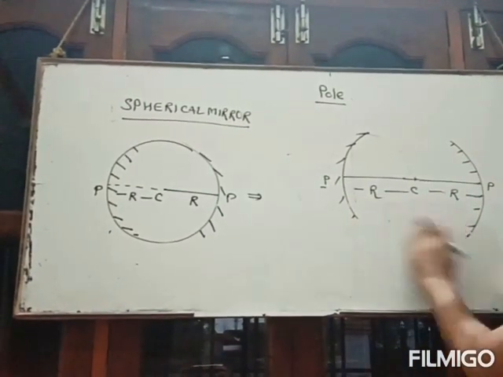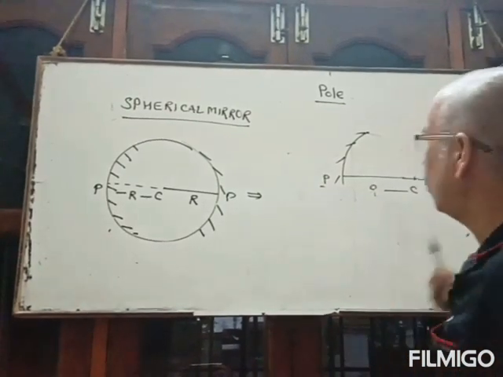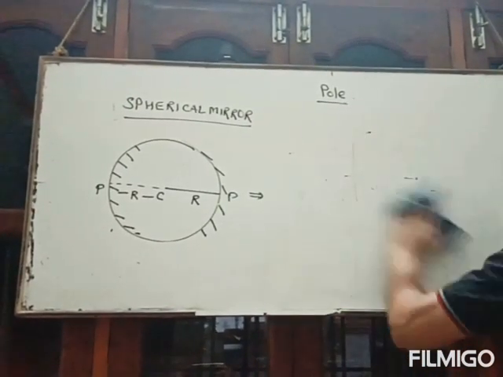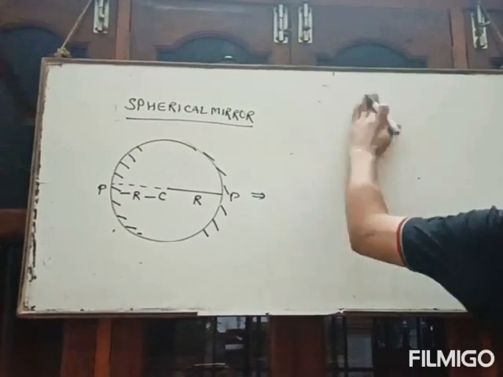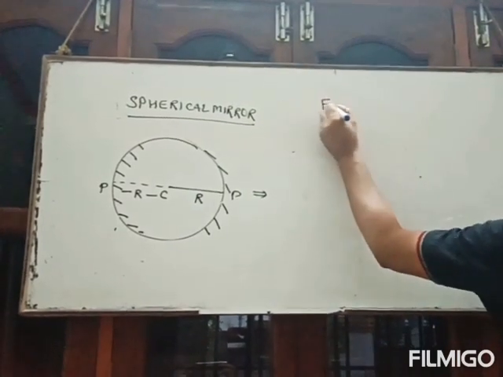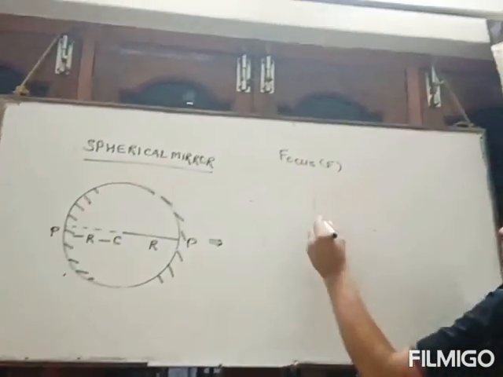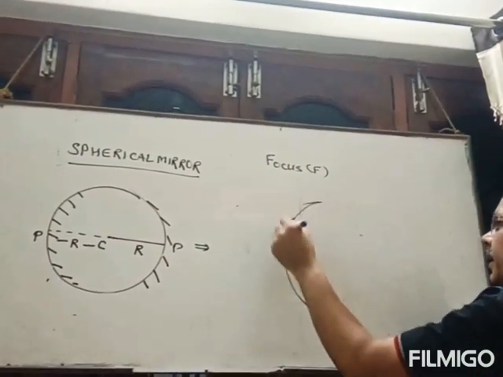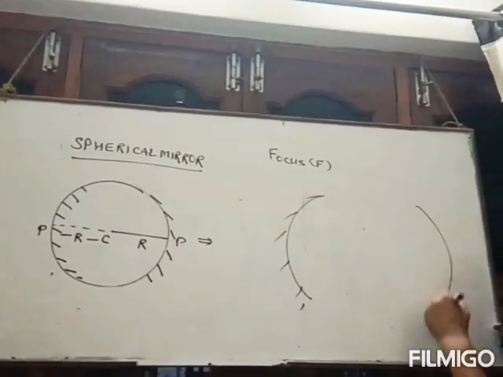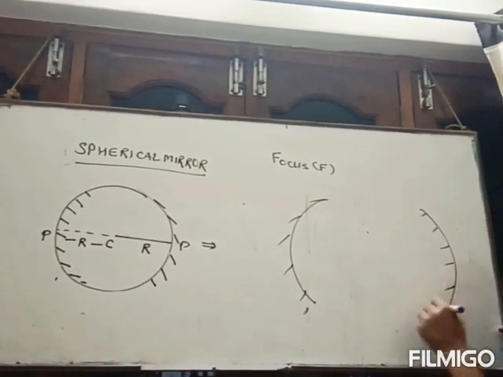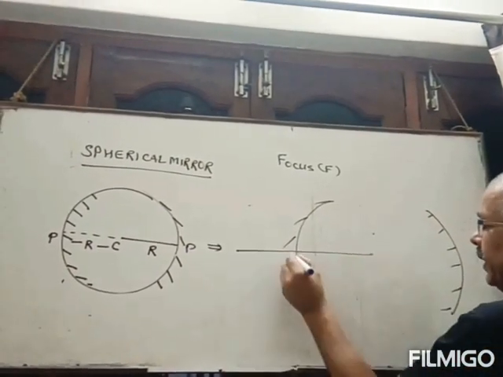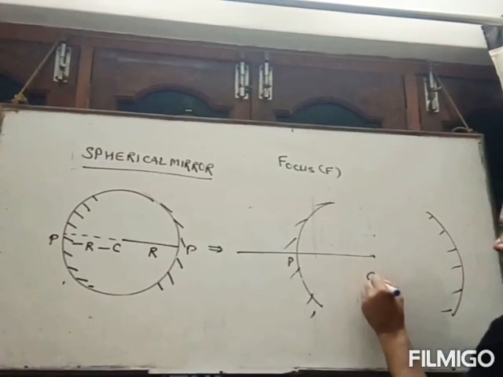Then focus, or principal focus, normally denoted by capital F. This is the concave mirror, and this is the convex mirror, with pole and center.